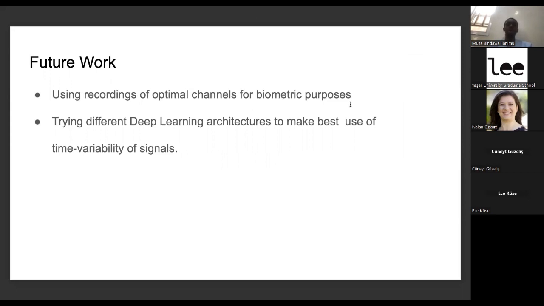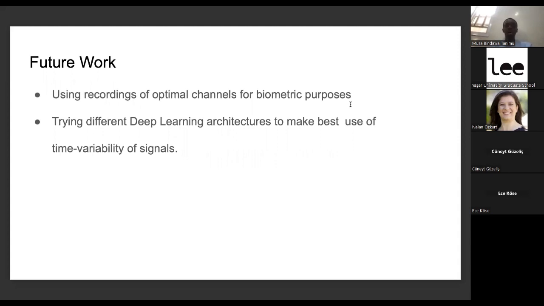For the future, we're planning on using recordings of optimal channels for biometric purposes, and maybe using other tasks like the cognitive task. As I mentioned in the earlier slides, it is more consistent because you're asking a user to do some task repeatedly, so it is easier to get the same or similar EEGs, and it can be used better for identifying individuals.